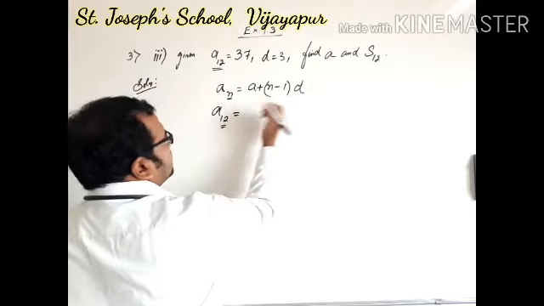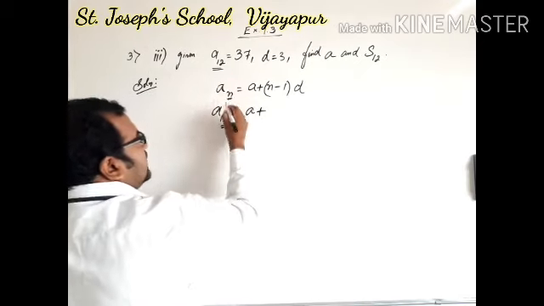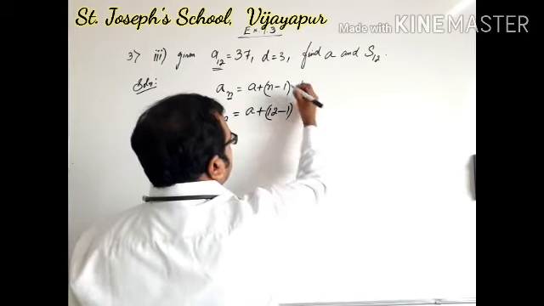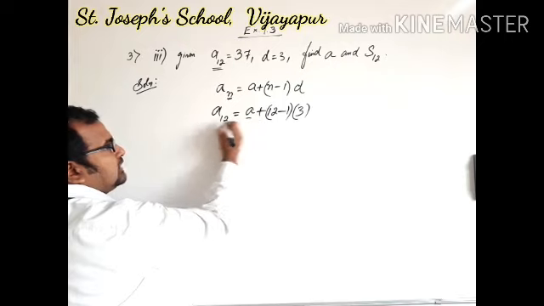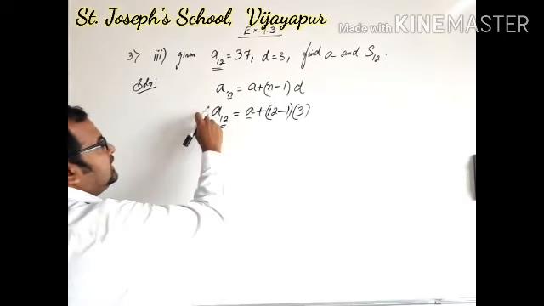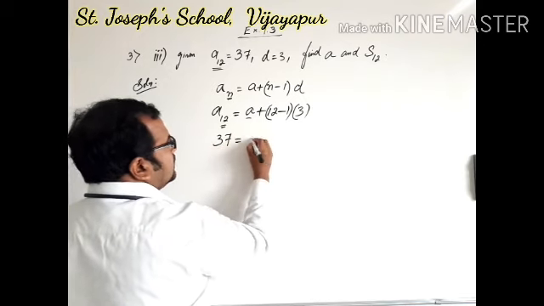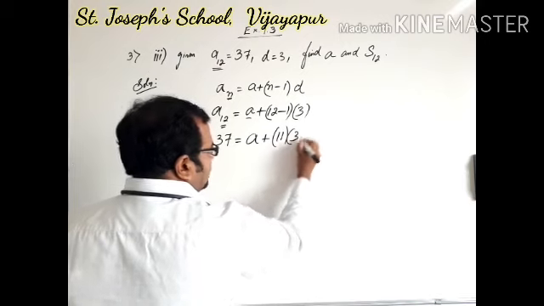So, An is equal to A, not given, plus N, as I told you, N is replaced with 12, 12 minus 1 into D. D is 3. And again, it looks like two unknowns are there. No, not exactly. A12 value is given, 37. So, 37 is equal to A plus 12 minus 1 is 11 into 3.